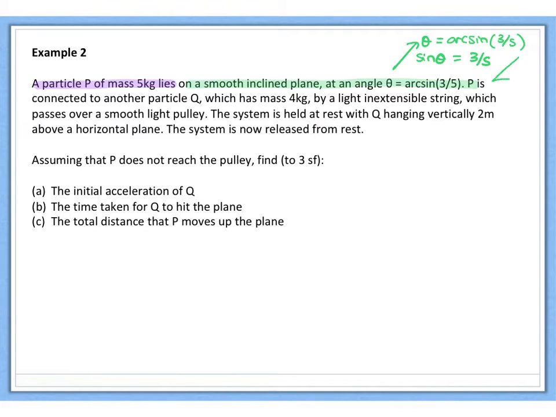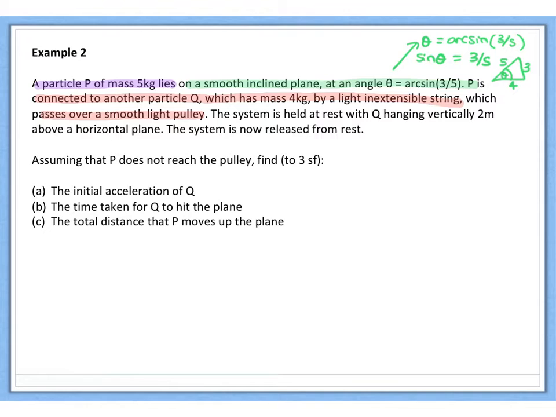And if we were to draw a quick right angle triangle with theta involved, then the opposite and the hypotenuse would have a ratio of 3/5, which would leave the adjacent as 4 in a 3, 4, 5 right angle triangle. So P is connected to another particle Q, which has mass 4 kilograms, by a light inextensible string, which passes over a smooth light pulley.